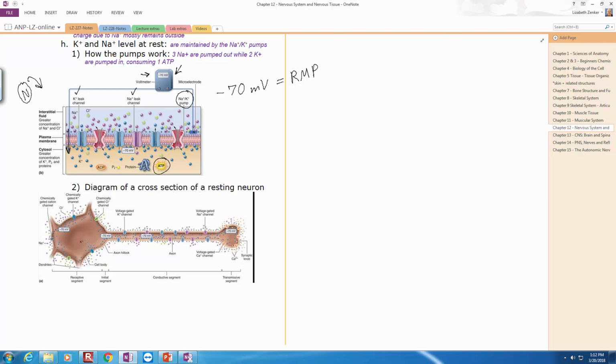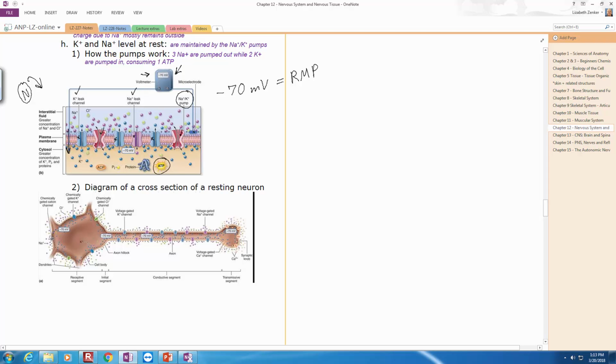What else do I want to say? There are more potassium leak channels than sodium, so that's why they put more of these blue potassium leak channels in the membrane. They only put one sodium leak channel in, which was the purple one. And then we have a couple of our sodium potassium pumps that we already talked about.